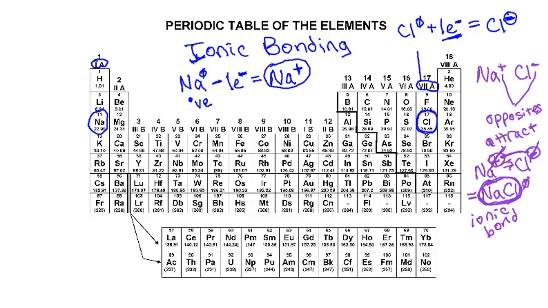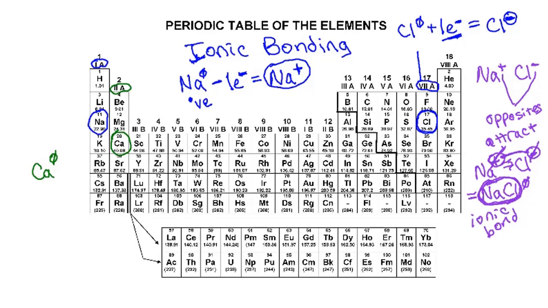Let's do calcium, which is over here on the left. Now calcium is in row 2A, so in its normal form it has a 0 charge, but it has 2 electrons in its outer shell.